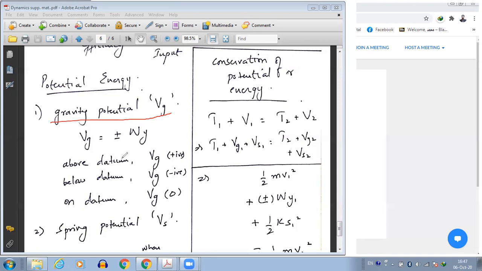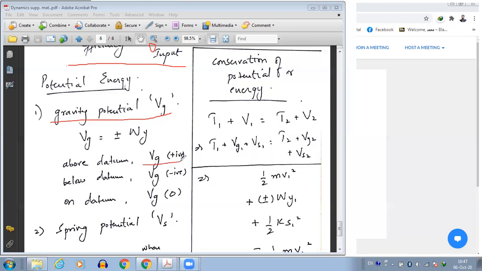Now, how do we determine if it's plus or minus? First, we define a datum point. A datum point is our own selected reference point. Suppose this is our datum line, so this is our datum elevation. If at any point our object is above the datum, then corresponding to this datum, our object has some positive potential energy.